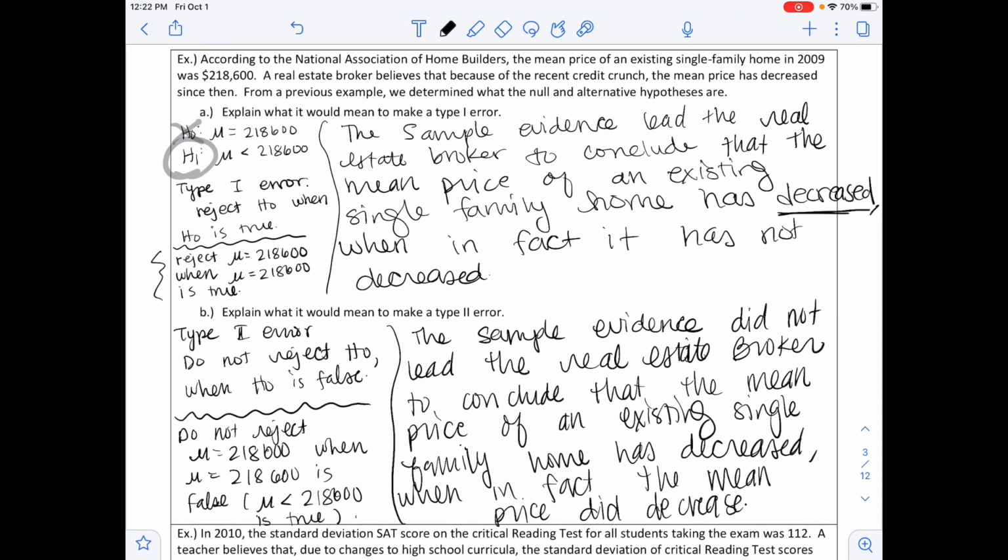And then with type 2 error, we do not reject our null, meaning that we reject H1. Since that's what he was testing, we don't have enough evidence to conclude what he's testing is true.